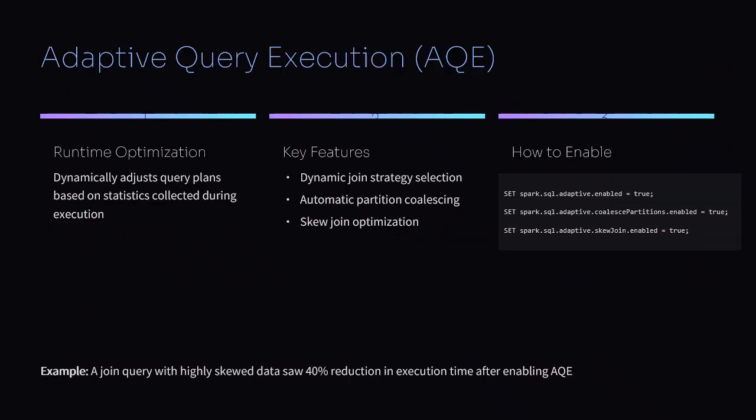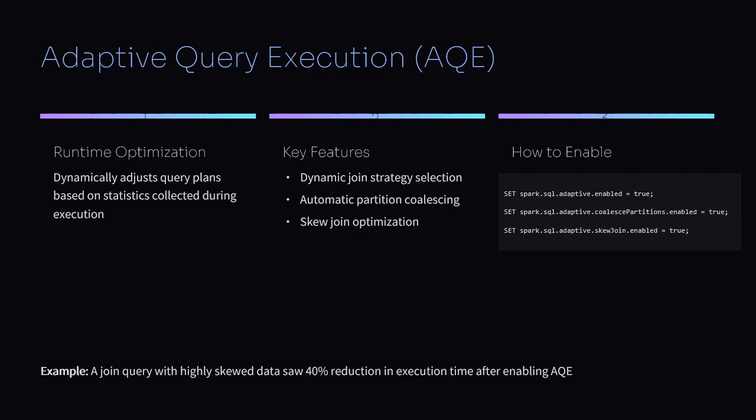Adaptive query execution is a powerful Spark feature that dynamically optimizes query plans at runtime based on statistics calculated during execution. This allows Spark to adjust its strategies on the fly to better handle varying data sizes and distributions.